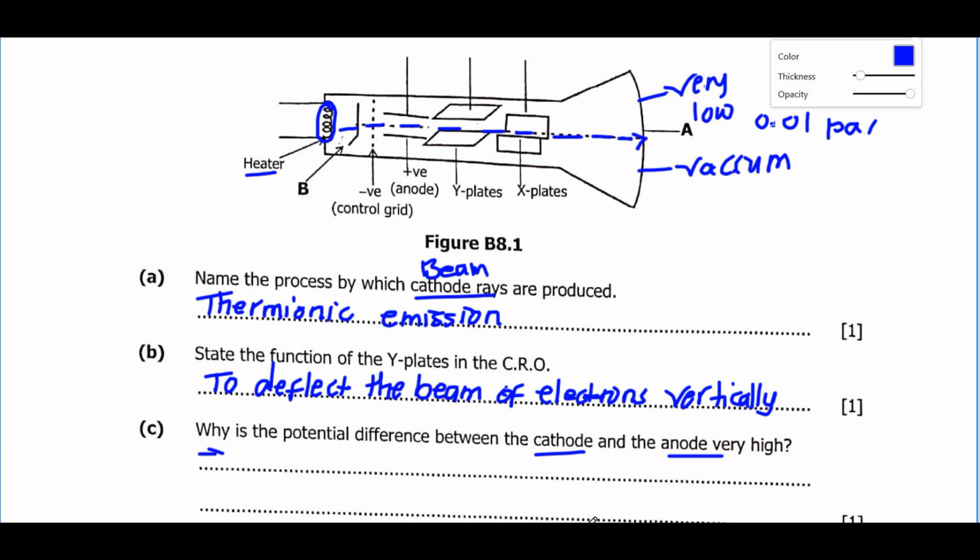So to simplify this answer, we can just say to accelerate the beam of electrons. Also to focus in one direction, and also we can say to ionize the gas pressure.